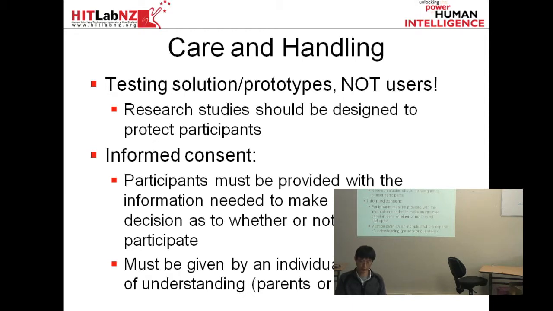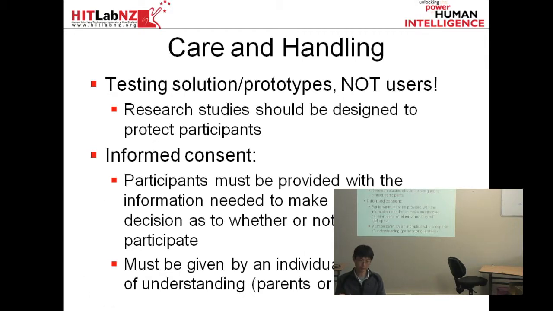And to make sure these are in place, we always have to get an informed consent from the participants, which is basically informing them of what they have to know, and then receiving consent from the users by signing a form that they are aware of how the user study will go.